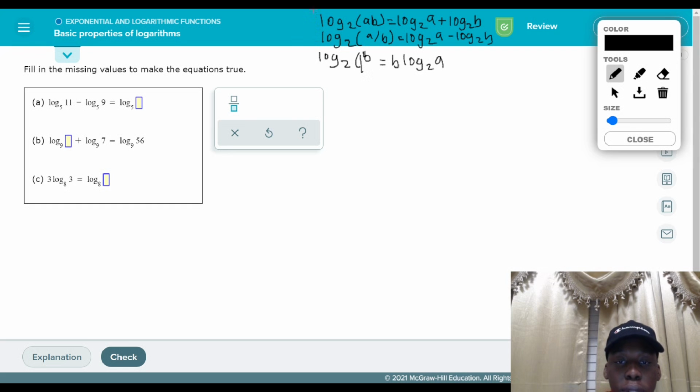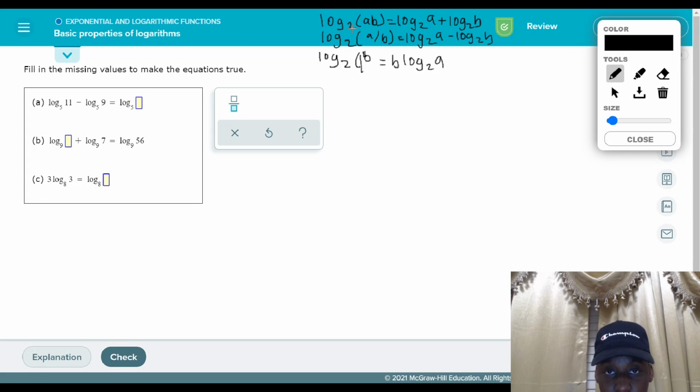Okay, so this table I've given here represents some of the properties of logarithms. Let's look at this first one. This first one is saying log 2 bracket a times b. I'm using log 2 here as an example; you can work with any logarithm here.